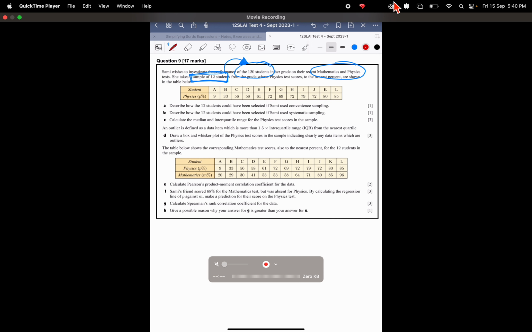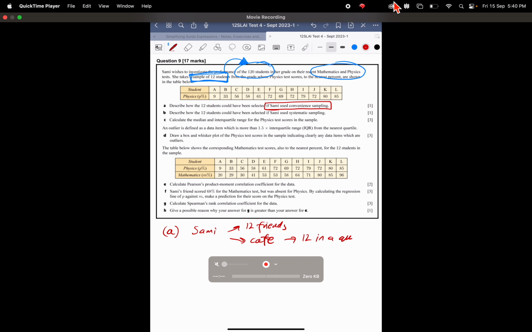So let's go for the first part. Describe how the 12 students could have been selected if Sammy used convenience sampling. Well, just as the word suggests, it's actually convenient. So Sammy could have just asked her 12 friends, because that would be convenient, right? Or maybe when she just walked to the cafe, she might have asked the 12 people in a queue, right?